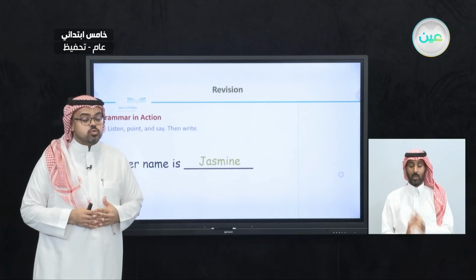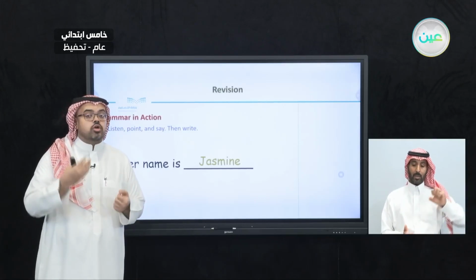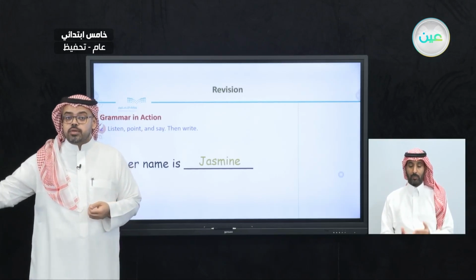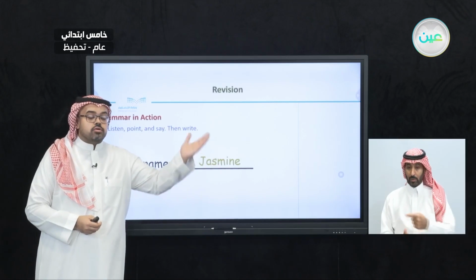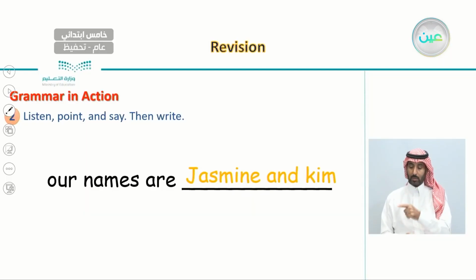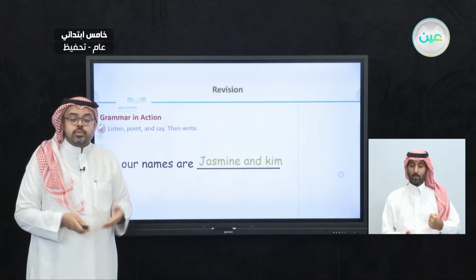So she started with herself. She said, my name is Kim. Your name is? His name is Pete, my brother. Her name is Jasmine, my mother. And our names, my mother and I, our names are Jasmine and Kim. These are our names.